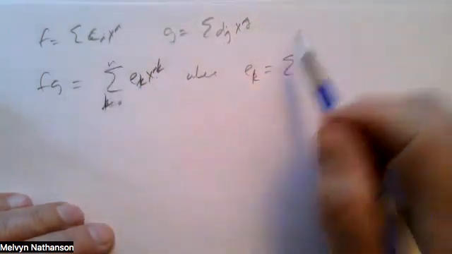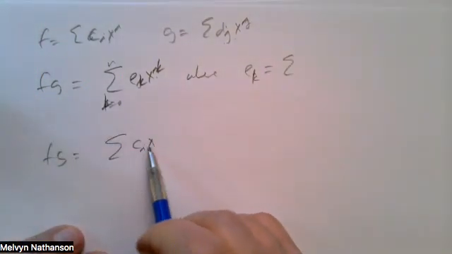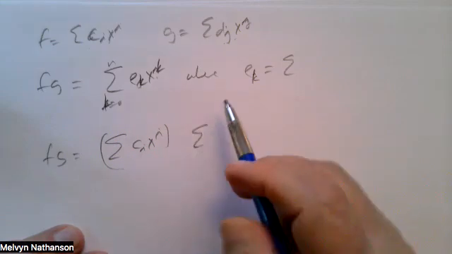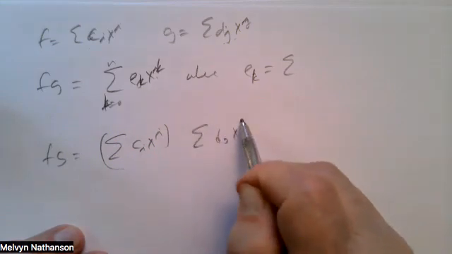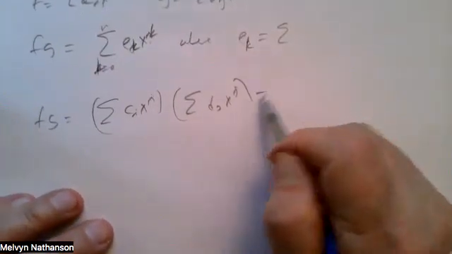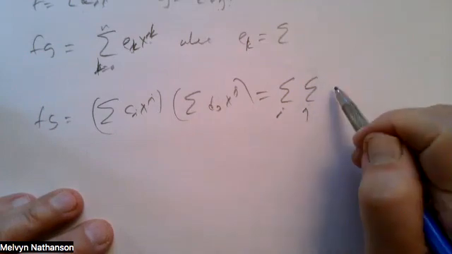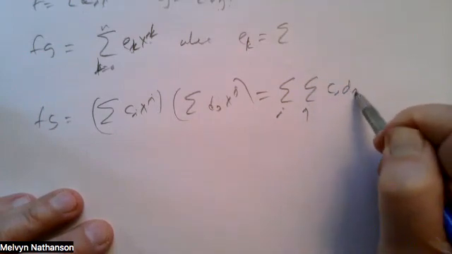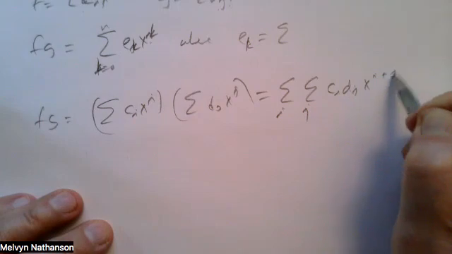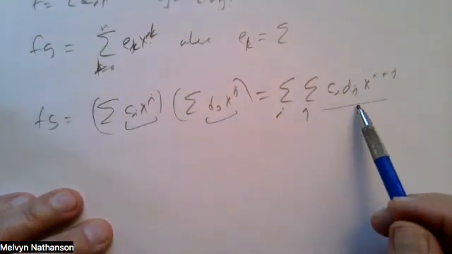See, when you multiply this out, fg is the summation of c_i x to the i times the summation of d_j x to the j. You multiply through and distribute, you get a sum over all possible pairs i and j of c_i d_j x to the i plus j, right? This times this is this.